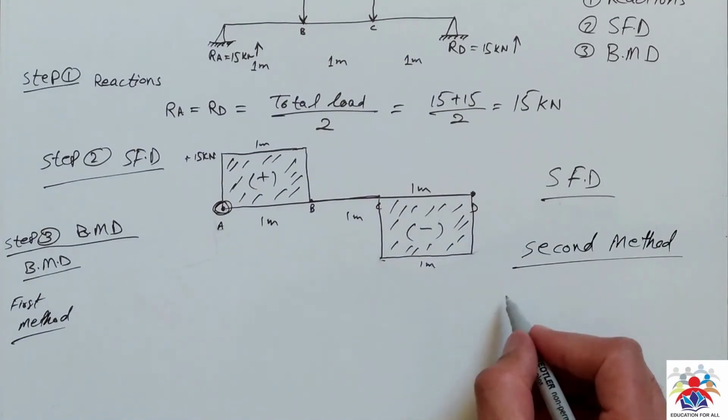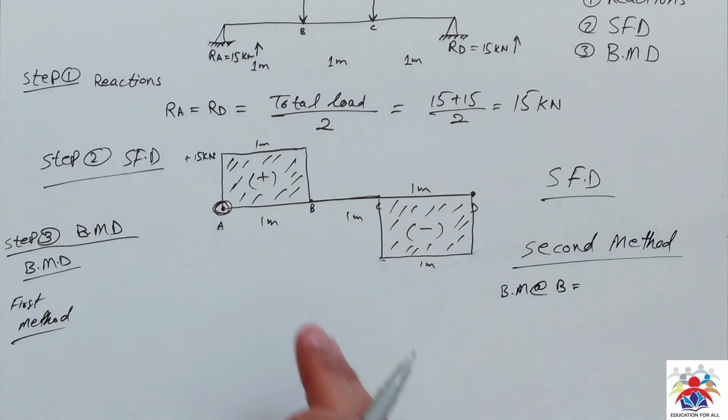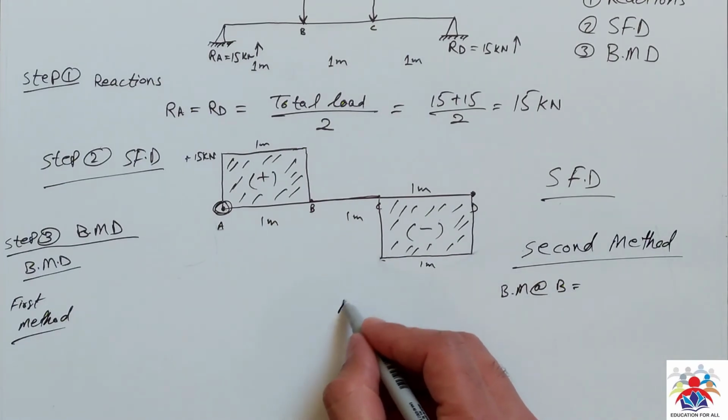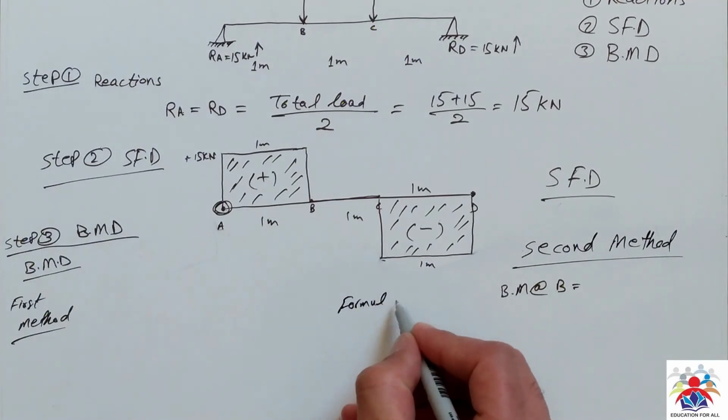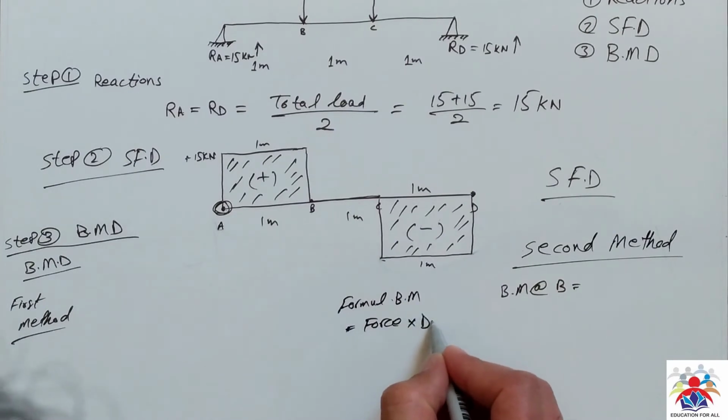We will calculate bending moment at point B. As you can see, let me write the formula first. The formula for bending moment is force multiplied by distance.